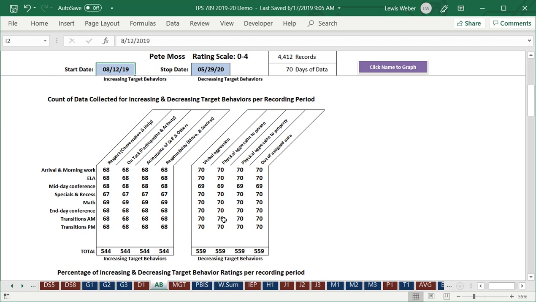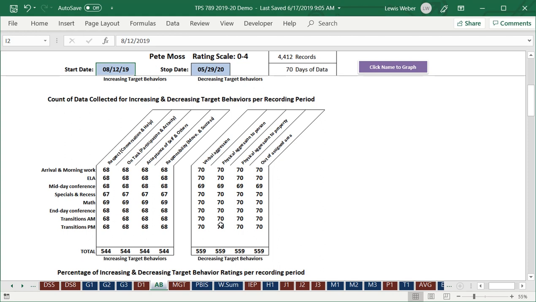As we scroll down, this tells me how many data points were collected during each of the recording blocks. So this is a count of data. I would like to see these numbers be reasonably close to the number that's up here, meaning 70 days of data. I would like to see 70 data points collected for each target behavior and for each recording period.